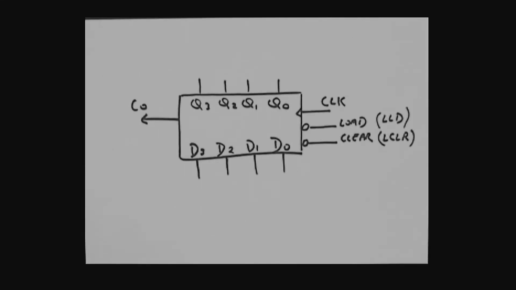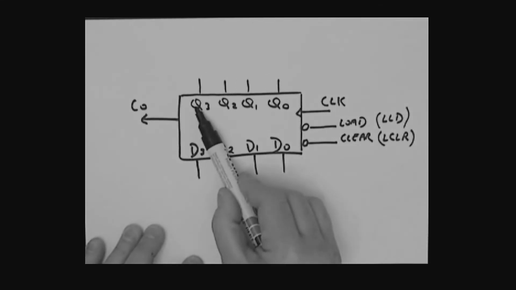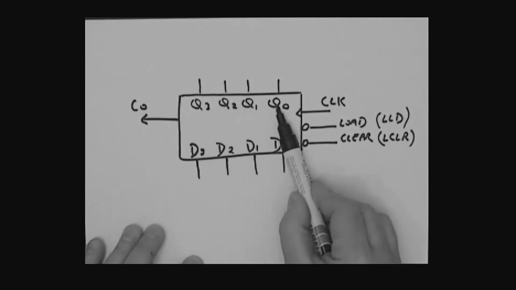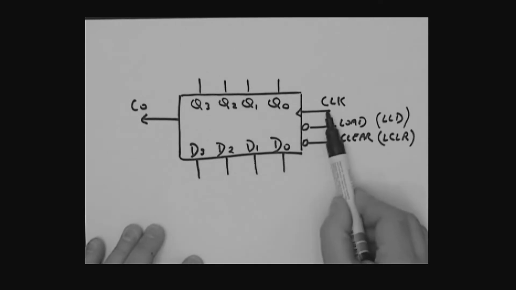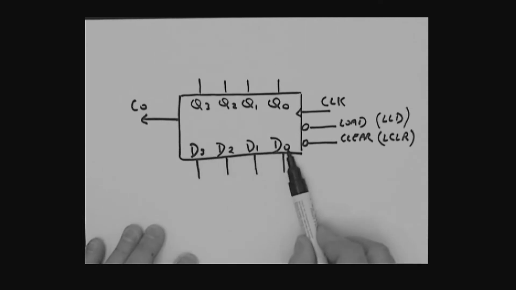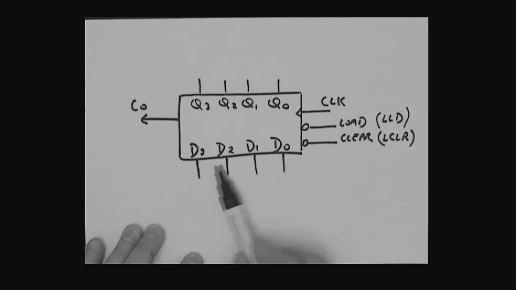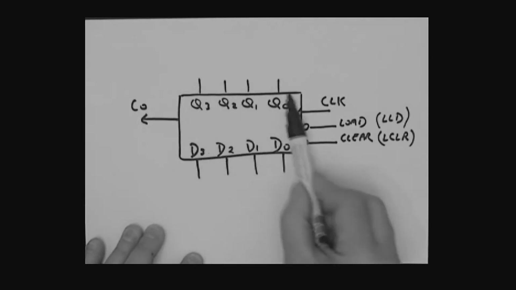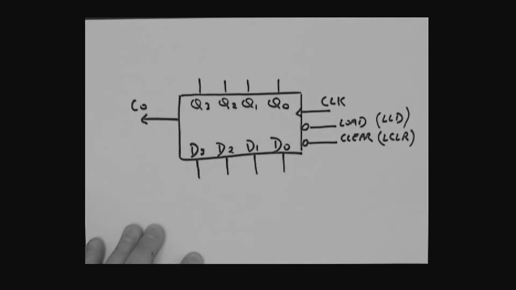Okay, here's a slightly more complex counter, very similar. Here we have our Q outputs, Q3, Q2, Q1, Q0. Here's our clock input. But in this counter, we have some inputs to it. D3, D2, D1, D0. This counter is a loadable counter. So you can have a situation where whatever is placed on the D inputs could be loaded into the Q outputs.